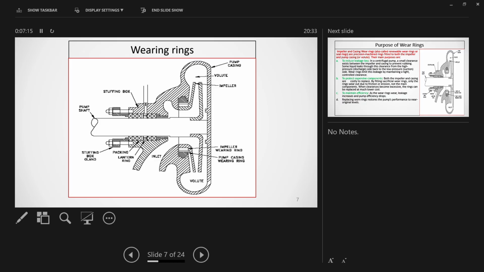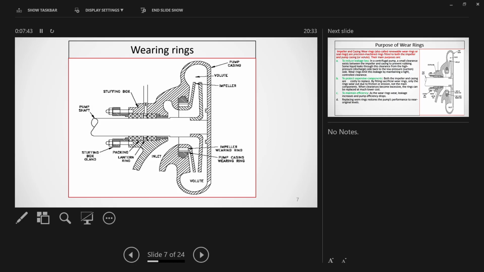The impeller is rotating and the casing is stationary, so there will be a tremendous pressure drop between the casing and the suction of the impeller. Due to this low clearance pressure drop, there will be erosion. Either your impeller may wear out or the casing may wear out, and the replacement of the impeller and casing is very expensive. So we don't want to do that.